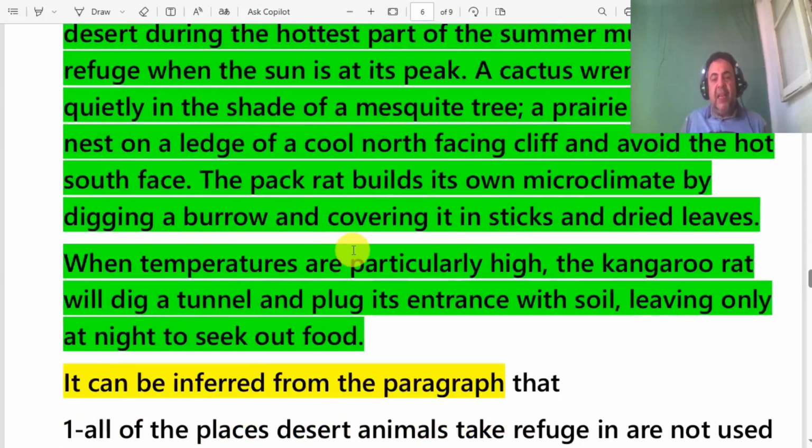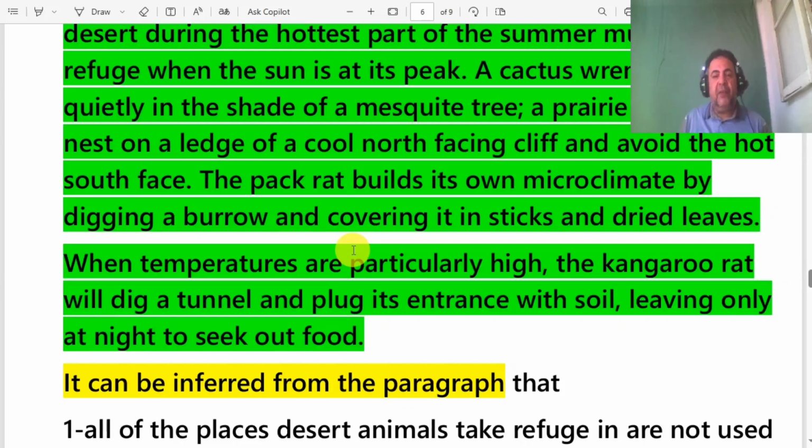The packrat builds its own microclimate by digging a burrow and covering it in sticks and dry leaves. When temperatures are particularly high, the kangaroo rat will dig a tunnel and plug its entrance with soil, leaving only the night to seek out food.